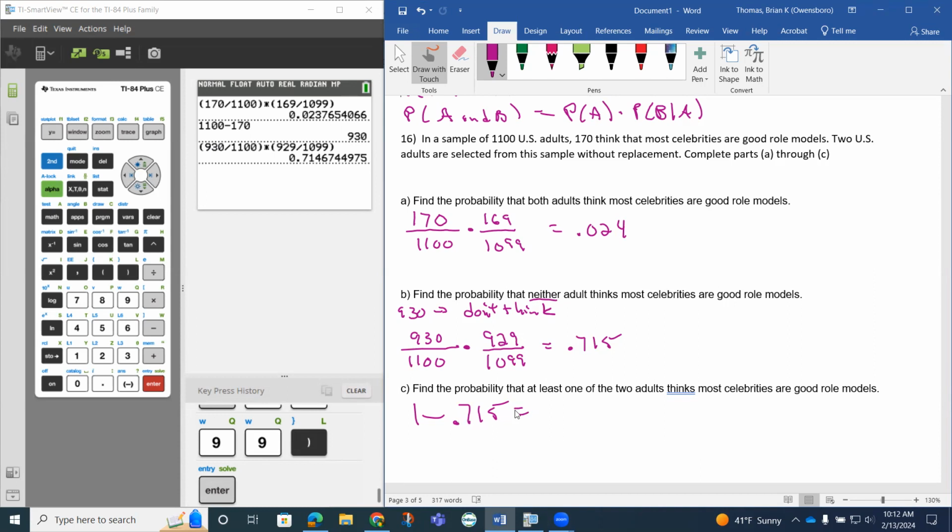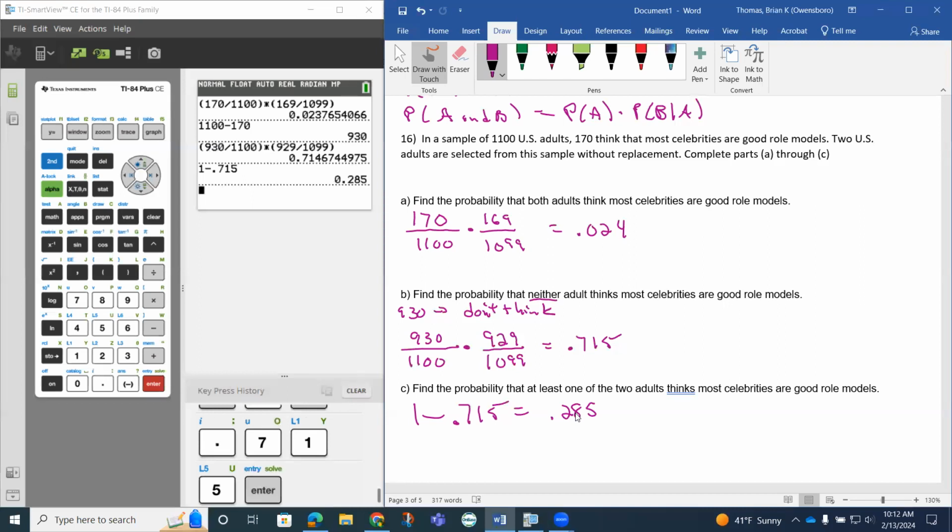So 1 minus 0.715 gives me 0.285. So 0.285 is the probability that at least one of the two adults thinks celebrities are good role models.